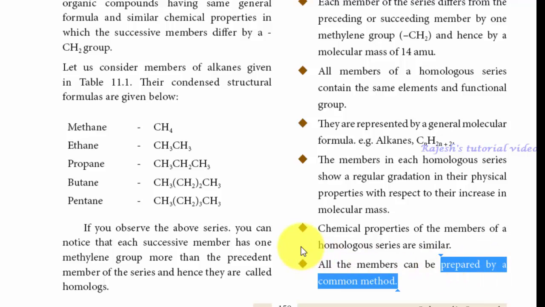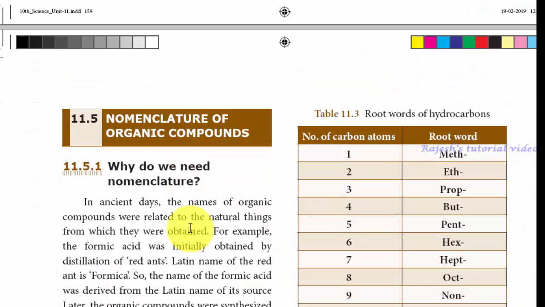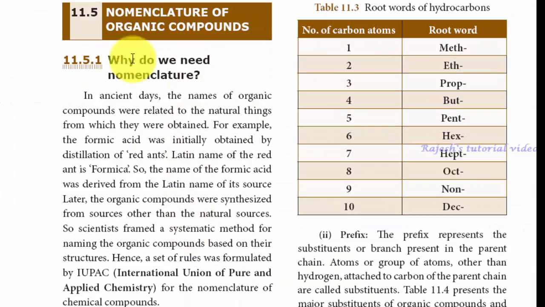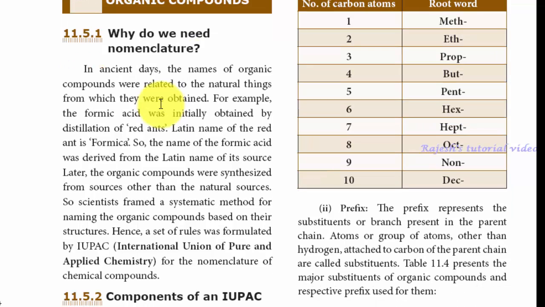Coming to the nomenclature of organic compounds. Why should we need this nomenclature? Earlier, organic compounds were obtained from natural things, and they were named after the things from which they were obtained. For example, formic acid was obtained from red ants, and the Latin name for red ants is formica, so it was named formic acid.